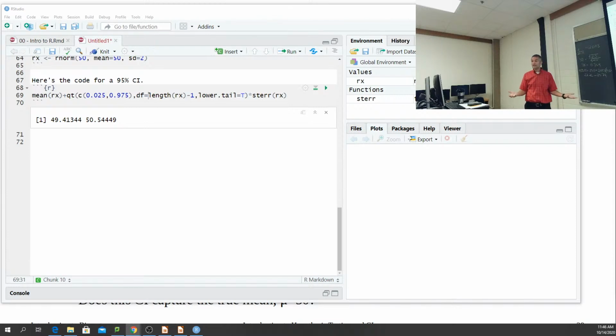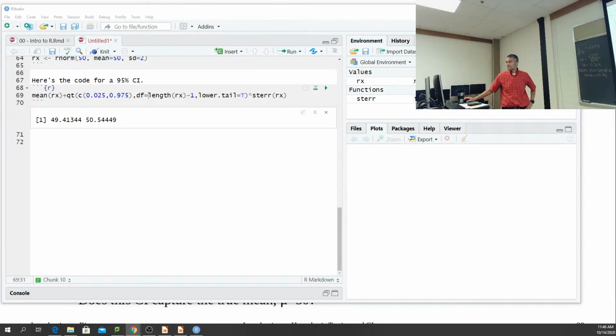But that demonstrates that if we had 100 people do this exact same thing, we estimate 5 of them will have a confidence interval that does not include 50, because it's our sample values that change, not the population mean. Population stays at 50. So that's the meaning of our confidence intervals.